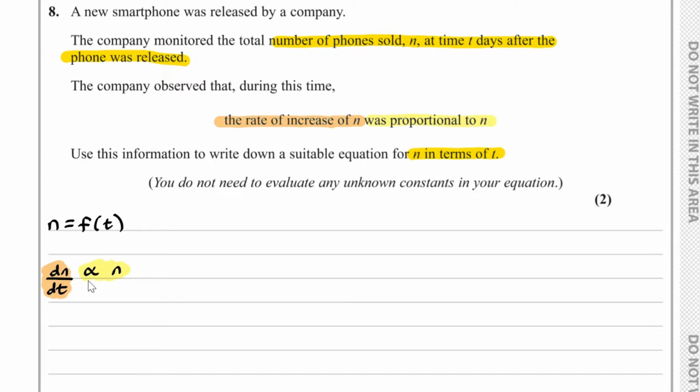So what that tells us is that dn over dt is equal to some constant a multiplied by n, where n of course is a function of t.